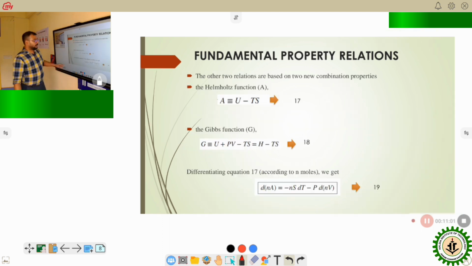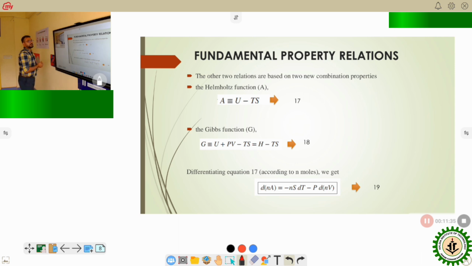Now, another two fundamental relations we can identify with the help of two new thermodynamic properties under the energy properties. Number one, the Helmholtz free energy function. From there we can get another fundamental property relation, and the next one will be the Gibbs free energy.